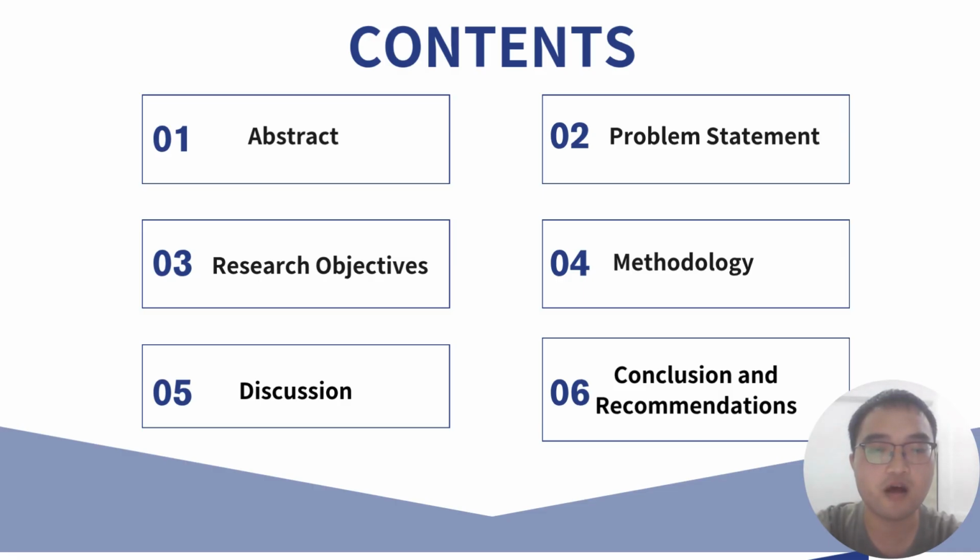Part 3 outlines the research objectives, both overall and the specific goals. Part 4 covers the methodology, explaining how the data was collected and analyzed. Part 5 is a discussion where we interpret the results. And finally, Part 6 presents the conclusion and the recommendations based on my findings.